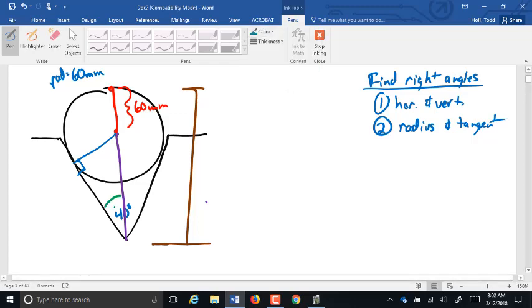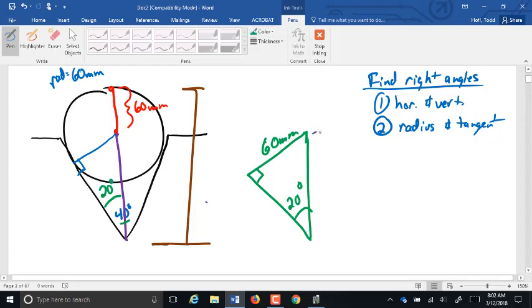What's this angle here have to be in green? 20, because it's always going to cut this angle in half. So what we have there is this triangle. Oops, that was not my better artwork. We know this side is 60 millimeters because it's still a radius of the circle. This is 20 degrees.